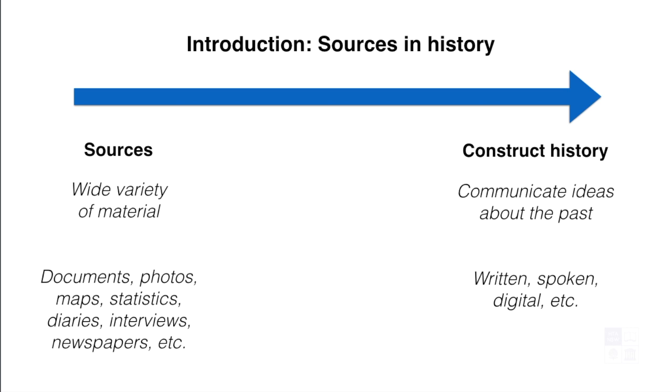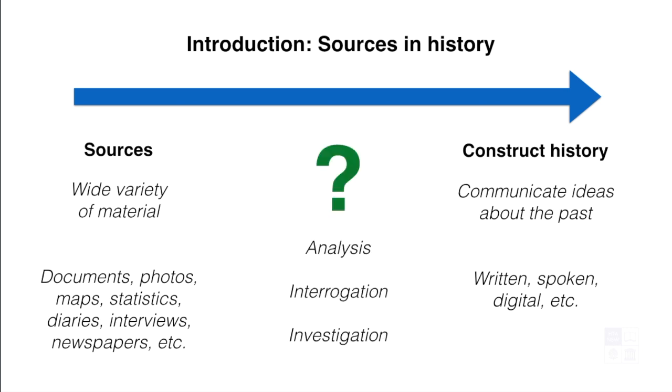They often go through a very lengthy process of analysis, interrogation and investigation to ensure that what they're drawing into their history, and what they're basing their claims about the past on, is strong and dependable.